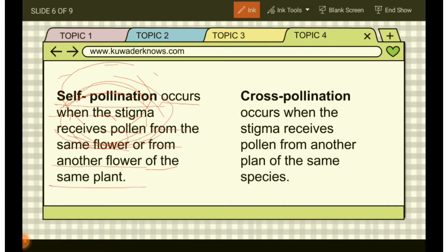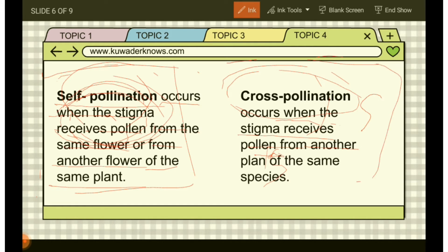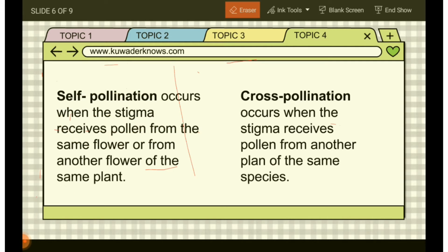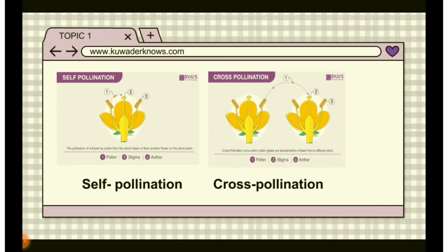Cross-pollination occurs when the stigma receives pollen from another plant of the same species. That's the difference between self and cross-pollination.